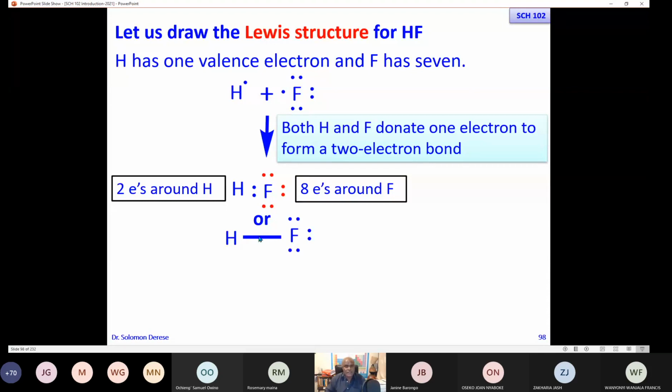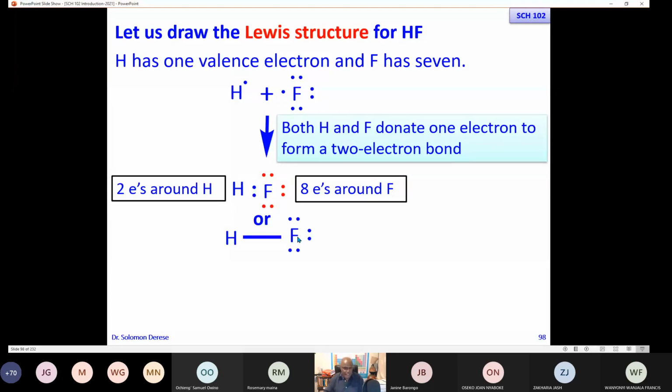The ones involved in chemical bonding are called shared electrons or bonding electrons. But if you look at these three lone pairs of electrons, these are not shared electrons. They are only on the fluorine. They are not used in the formation of a chemical bond between the fluorine and the hydrogen.